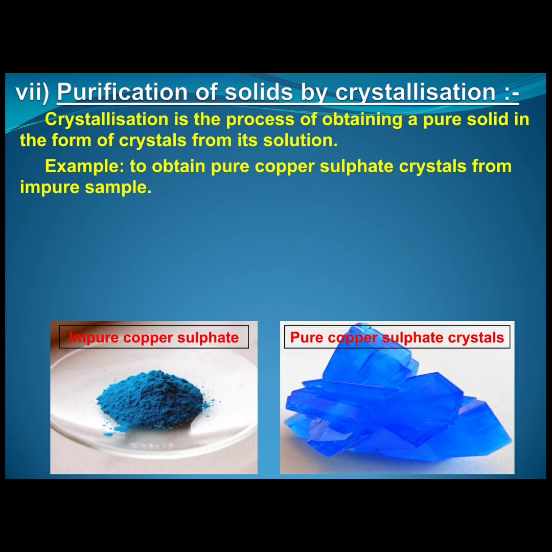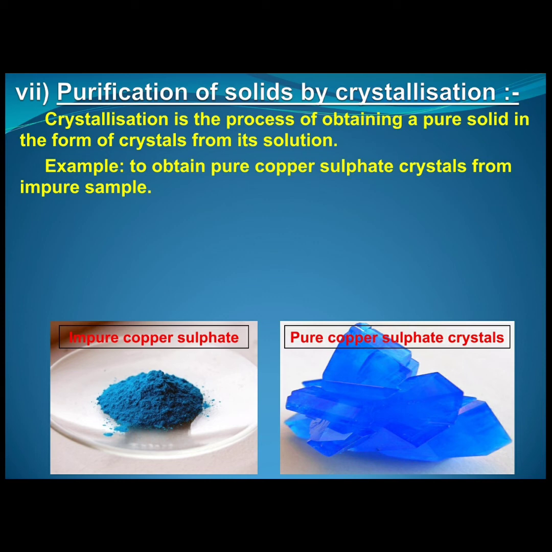So crystallization is a process of obtaining a pure solid crystal from its solution, and its best example, just now I have told, is taking the pure copper sulfate crystals from the impure copper sulfate crystals.